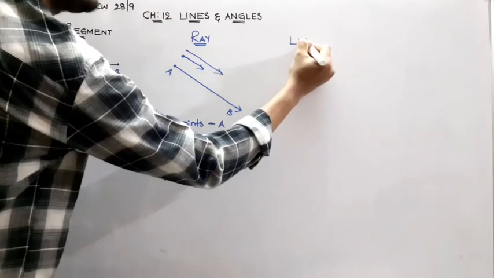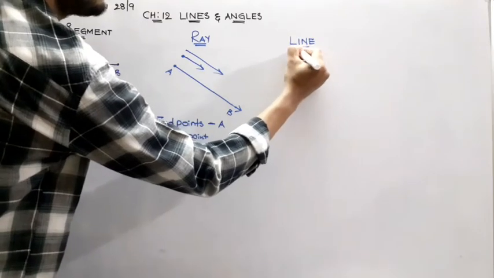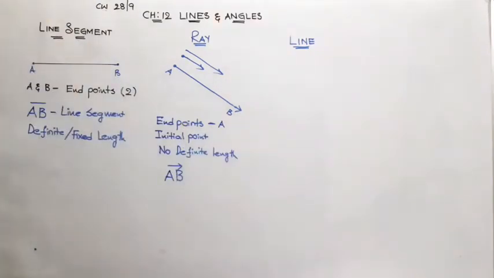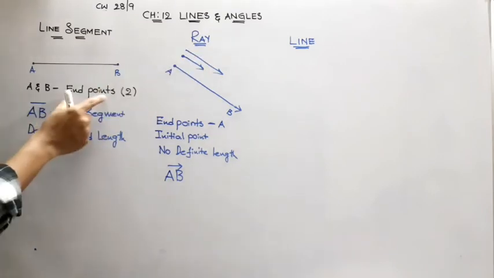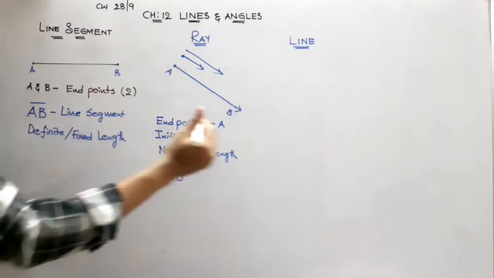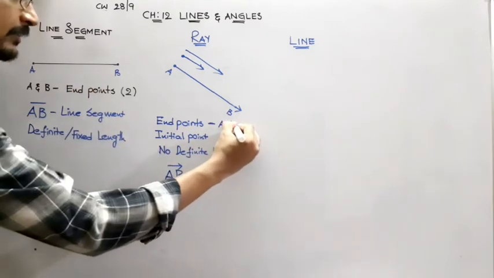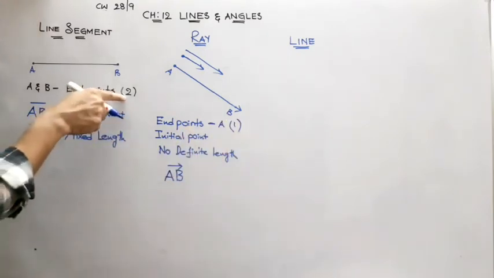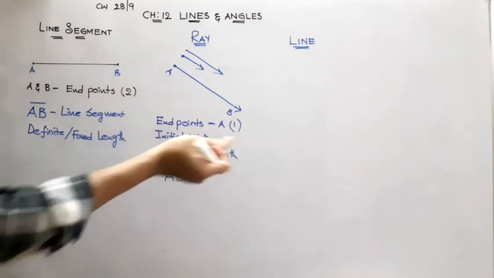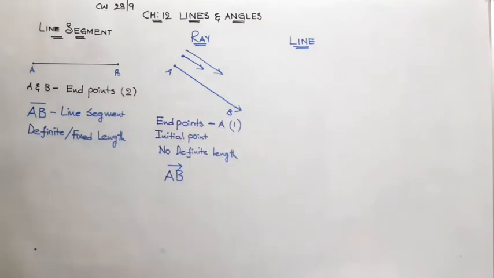We are done with line segment, ray, and now line. I think by this time you got a small conclusion with the line. See how many endpoints are here? 2. And here how many endpoints are there? 1. So 2, 1. If we take the reverse sequence, what is it going to be? 0.